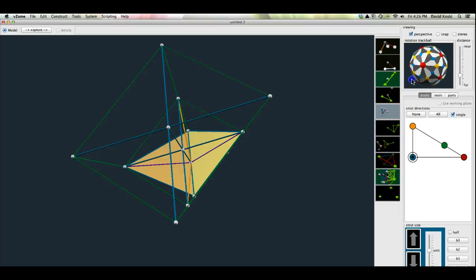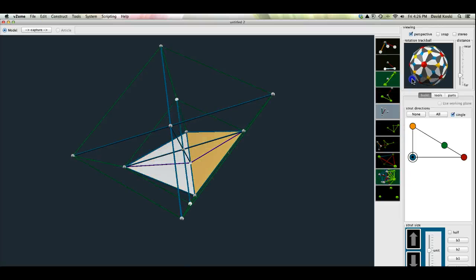I know what I did wrong. I meant to extend this edge here. Boom, boom, boom, boom. Oops, and then the center. That really plagues me, that extra one being highlighted, because I didn't want to back up.